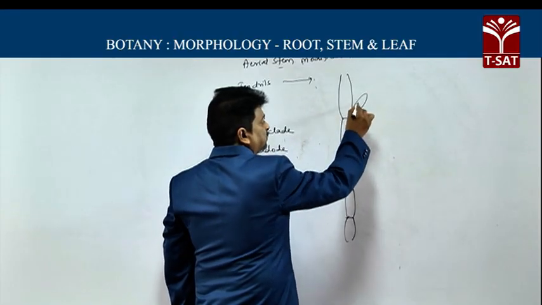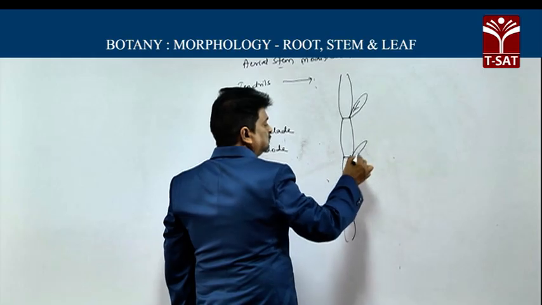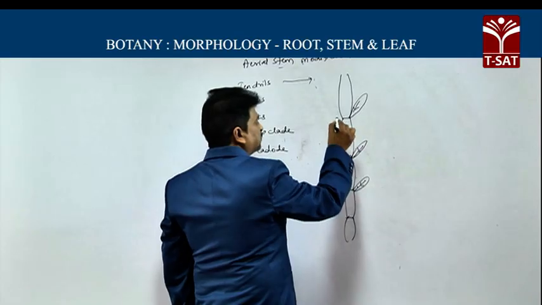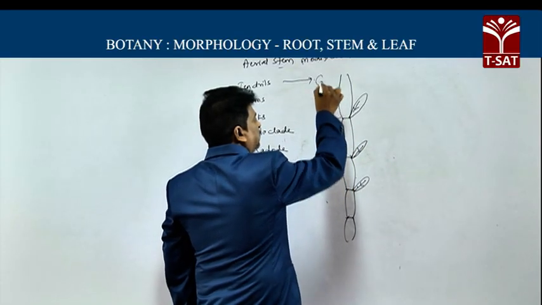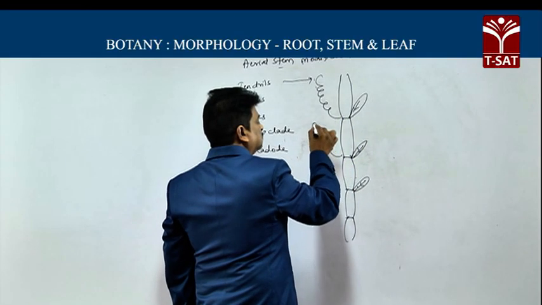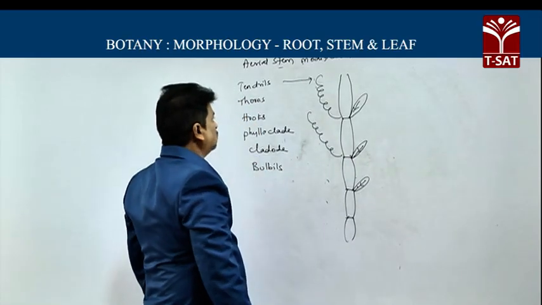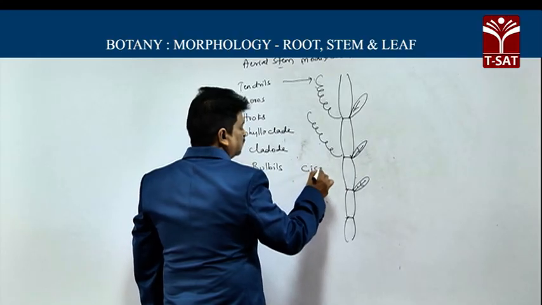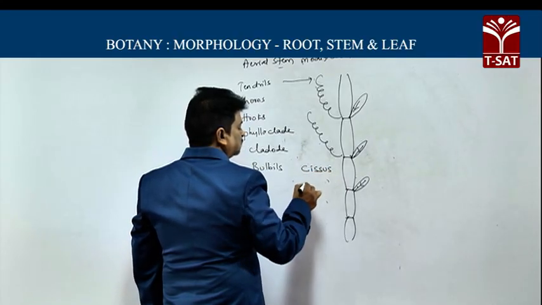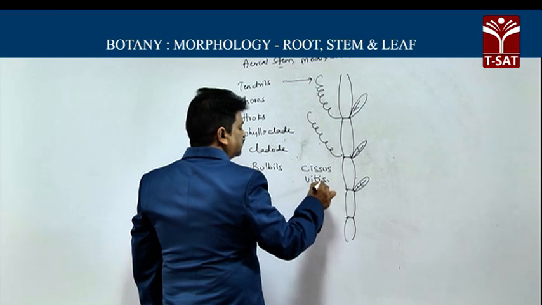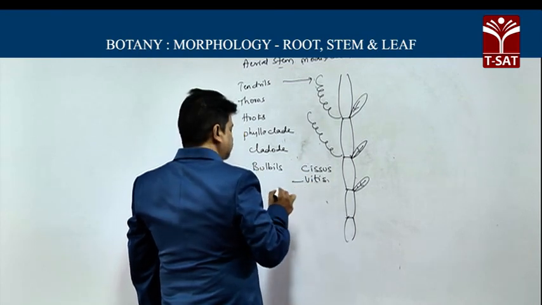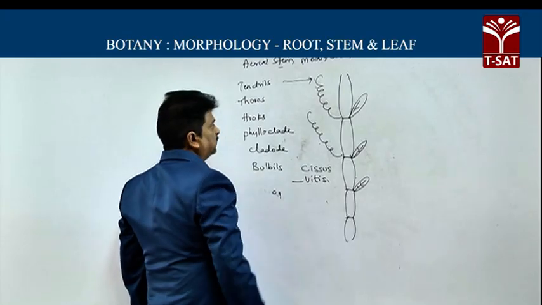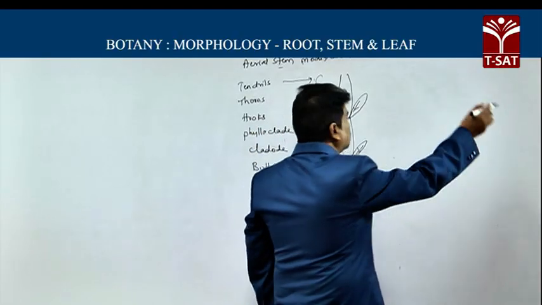Tendril is a leafless, coiled and delicate structure that helps in climbing. Examples of tendrils are given.